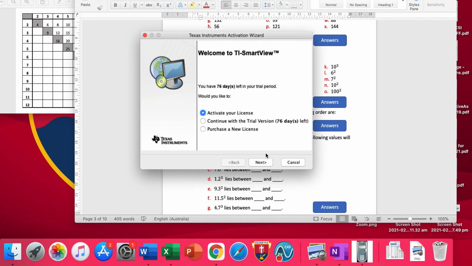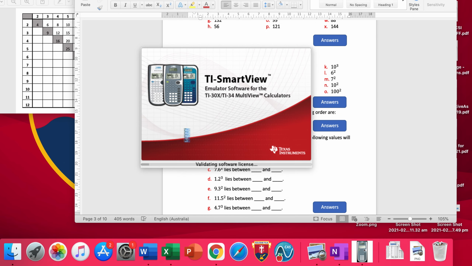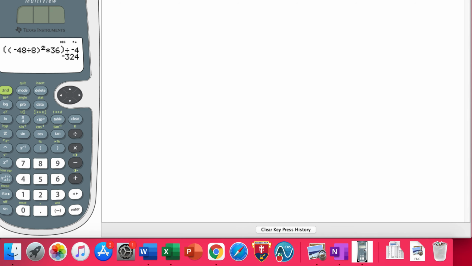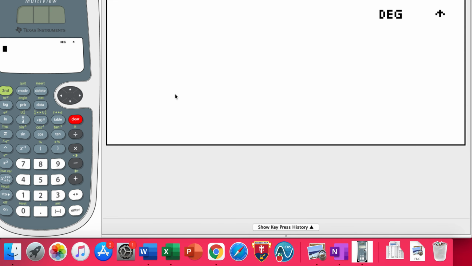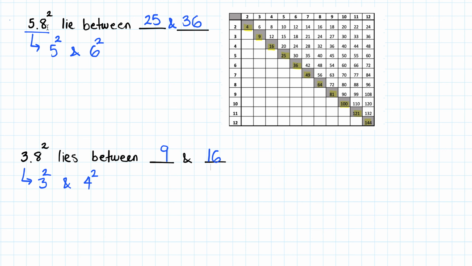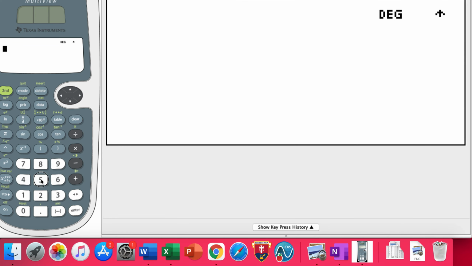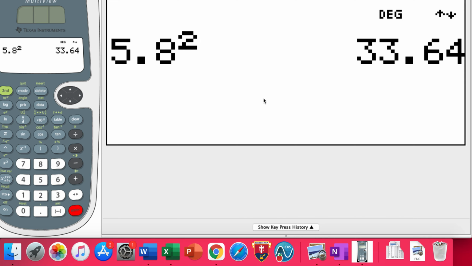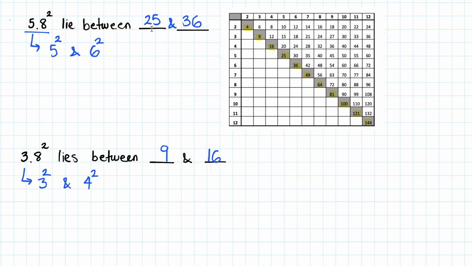Let's see if our calculator is working now. Yes. So, give it 1 second. Wonderful. So, if I check 5.8 squared, let's do it in our calculator. 5.8 squared, enter, 33 and 64 hundredths, which is between 25 and 36.